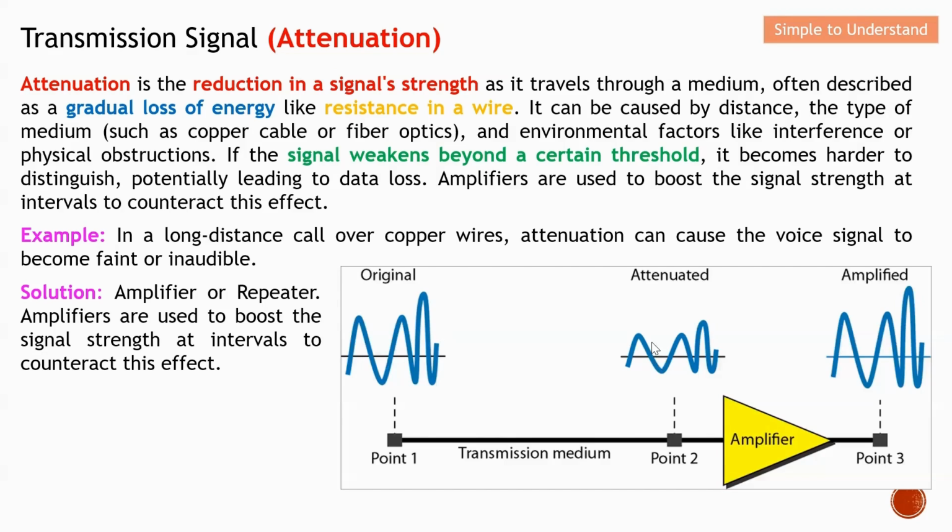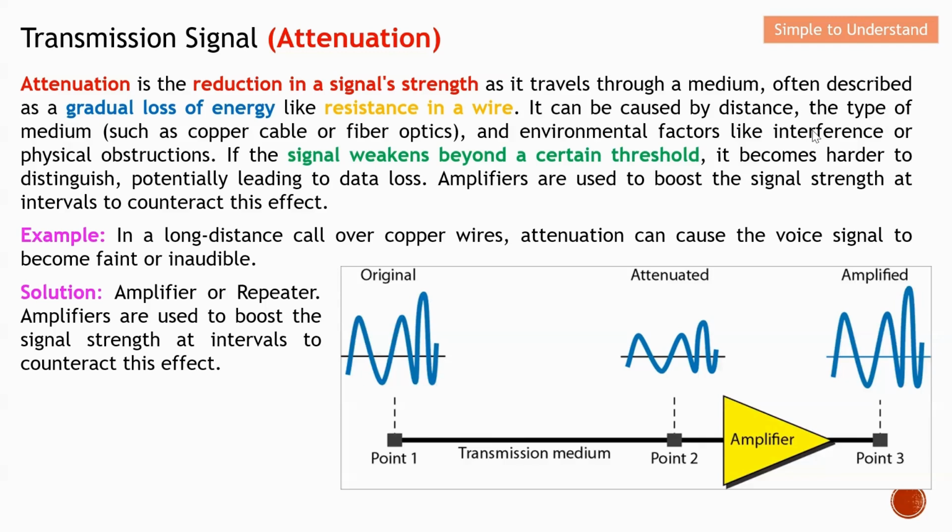However, the amplitude becomes smaller. This is a very simple definition of attenuation. Attenuation only affects the amplitude. From here you can see that attenuation depends on distance. You can imagine that the longer the distance, the more loss I am going to be subject to, and therefore I have to tolerate more attenuation effect.